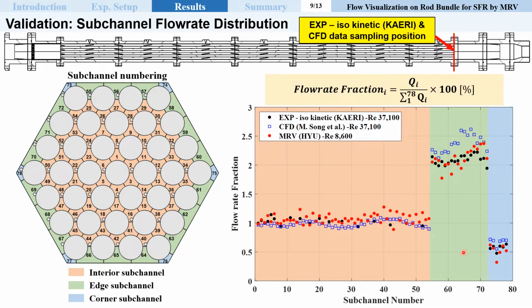The x-axis means the subchannel number, and the y-axis means the flow fraction. As you can see, a similar flow rate fraction is obtained for each subchannel group, and it can be said to be sufficiently reliable data.